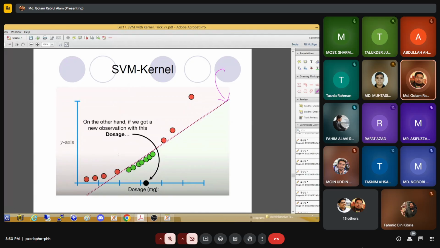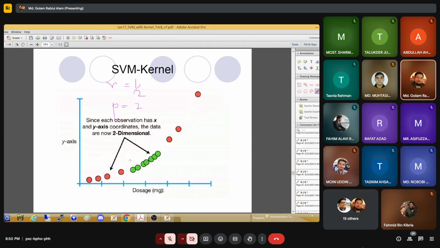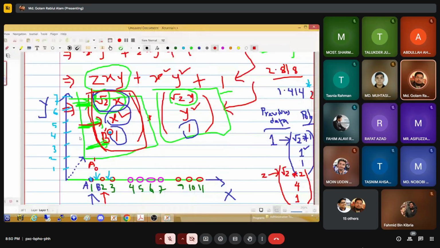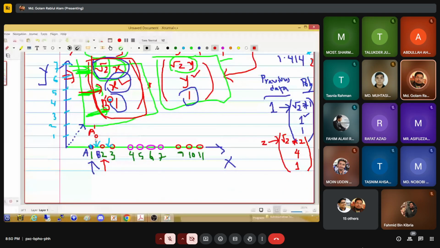So this is one of the data sets where we have applied the polynomial kernel for separation of positives from the negatives.